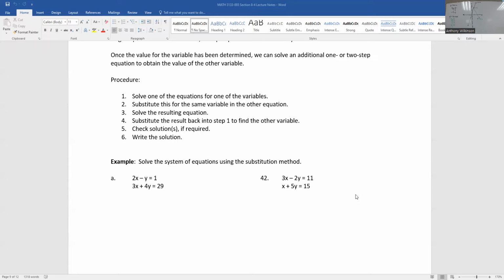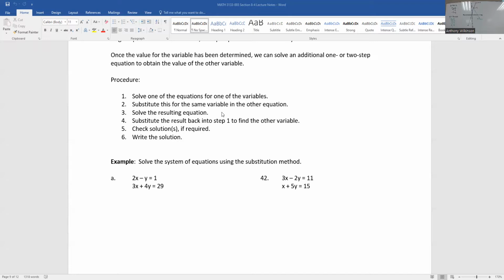That means you may have to move terms over to the opposite side. Once you solve for X or solve for Y, you'll use the substitution approach by substituting that expression for the same variable in the other equation.